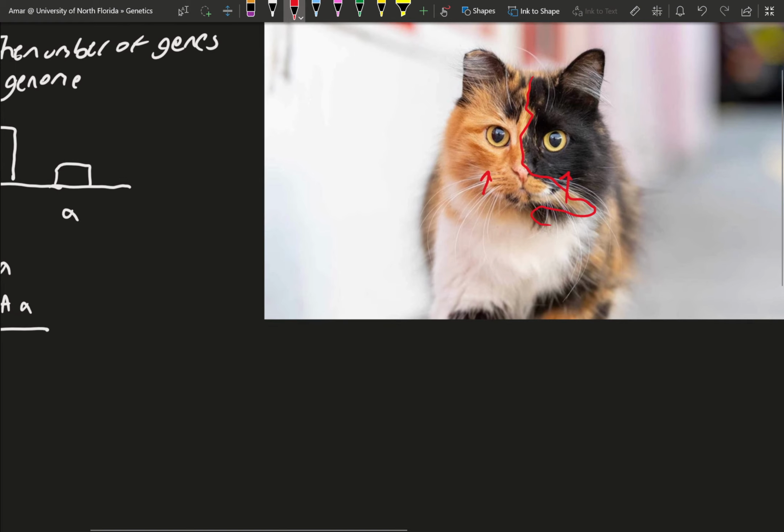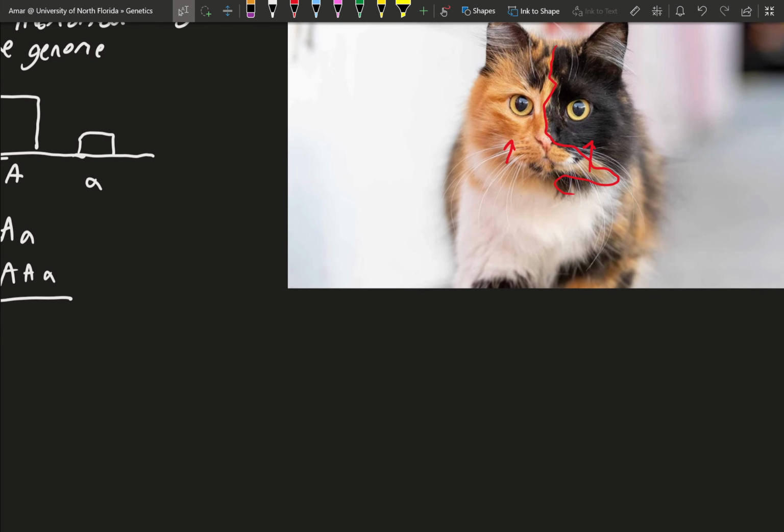The way that typically works is that you would have stem cells around the entire part of the fur, and then some of these stem cells can condense one X chromosome and others can condense the other. So let's say if you're big X big A, you're going to be yellow, and if you're X little a, you're going to be black.